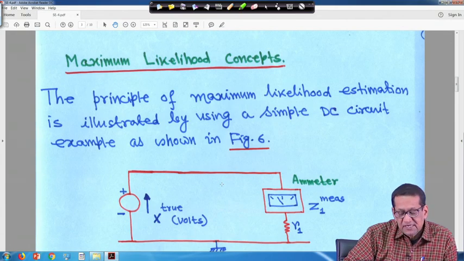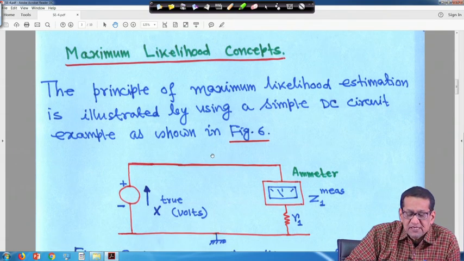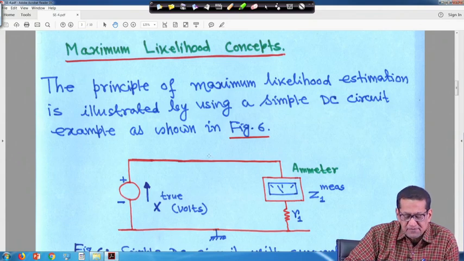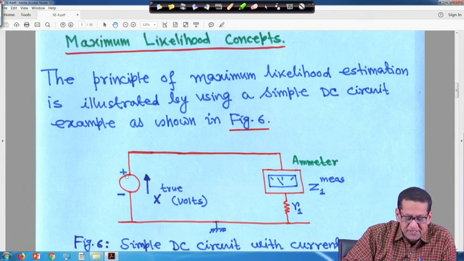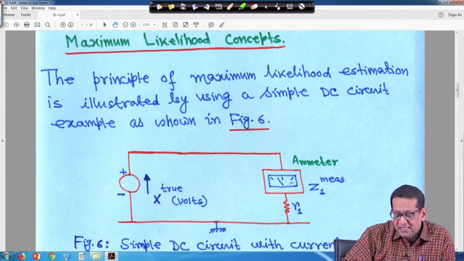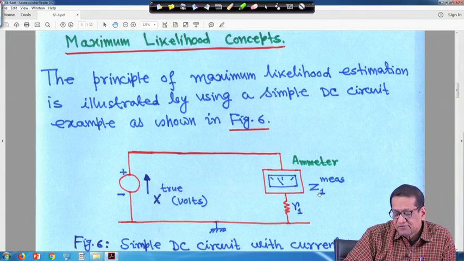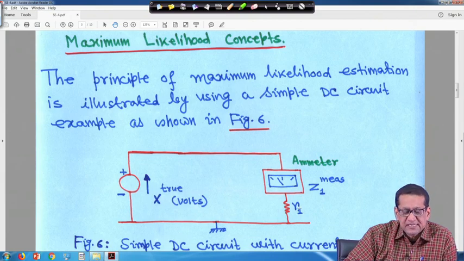So, for example, consider the maximum likelihood concept, and how things work. For example, you consider a simple DC circuit, right. It has a voltmeter, and x is actually the volt, and there is an ammeter also, measuring the current. We get the Z1 measurement, and R1 is the resistance of the circuit, right.